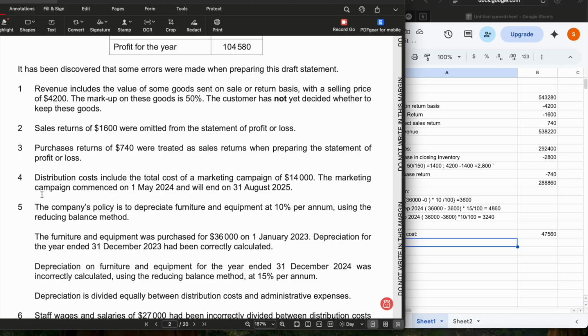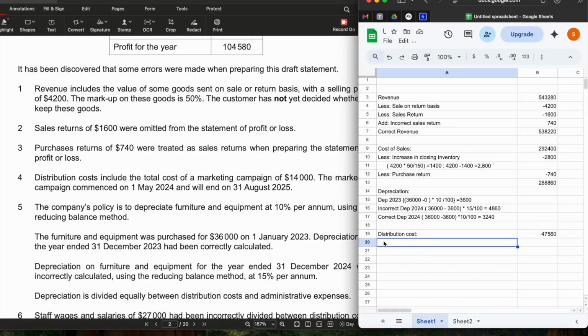The marketing campaign commenced on 1st May 2024 and will end on 31st August 2025. So this 14,000 is from 1st May till 31st August 2025, and I already mentioned that this is altogether 16 months. We need to count only this year's expense, which is from 1st May to 31st December. So 1st May to 31st December is 8 months.